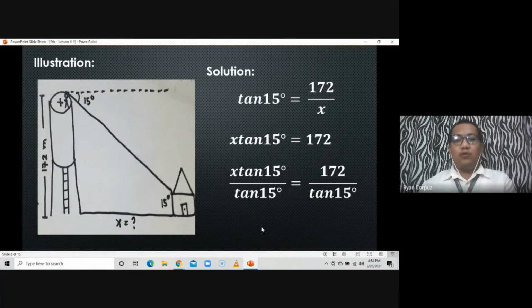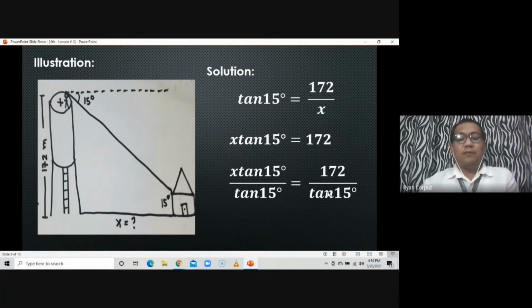Then again, using your scientific calculator, just like what we did on the first one. If your calculator has a fraction form, it's easy. Just enter the numerator and the denominator, then press equals.